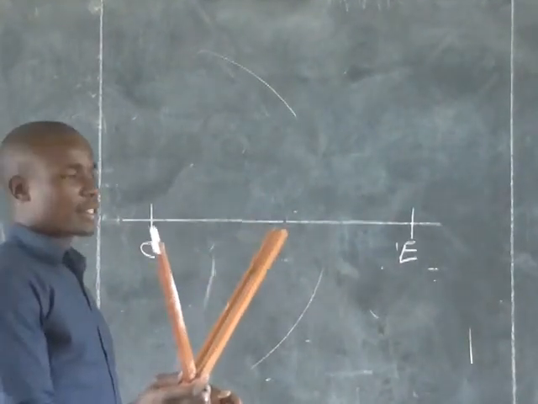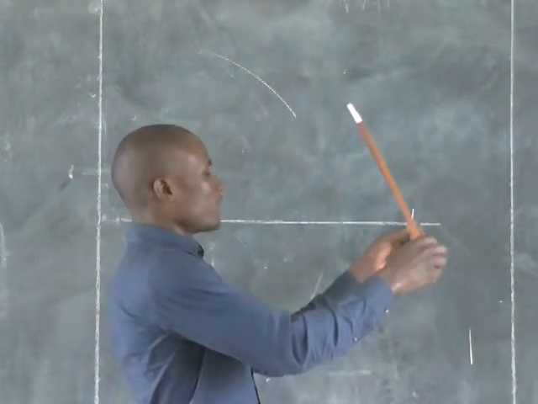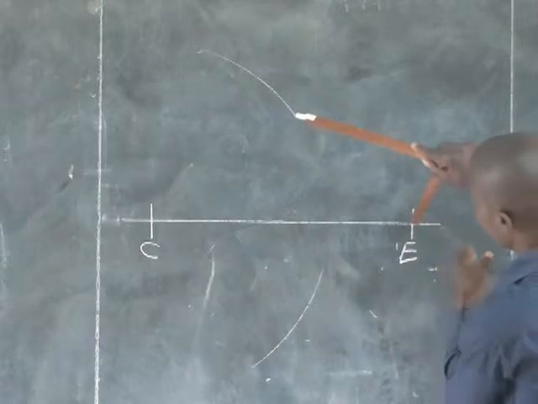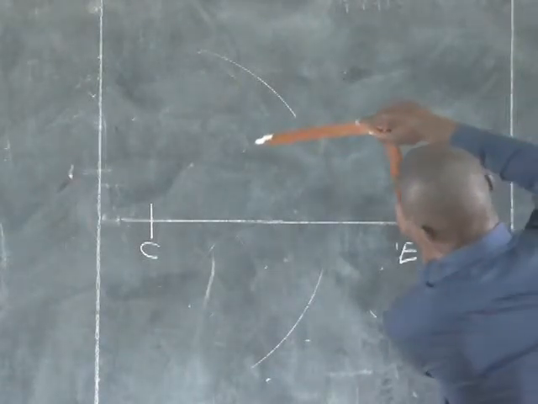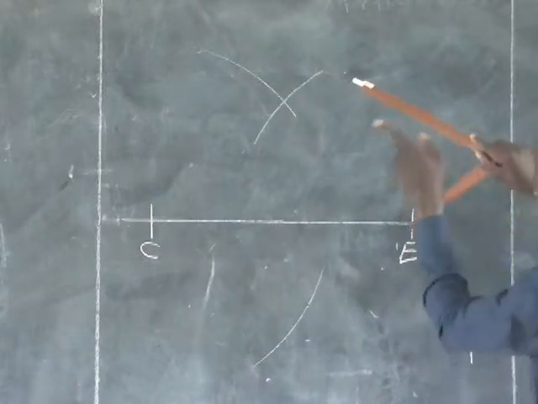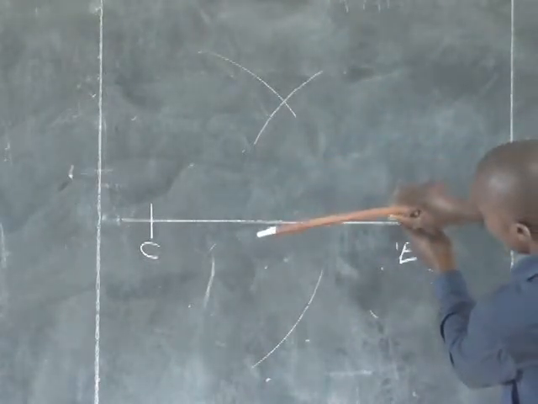With the same radius, stand at E and take point E as the center again. Put a mark to cross the other mark above line CE.